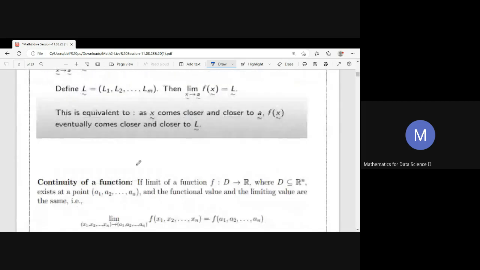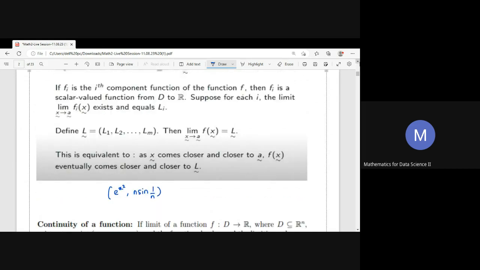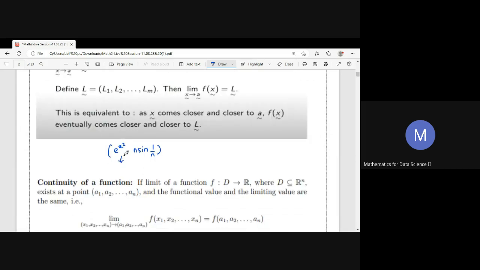Suppose you have something like e power x squared, and here something like n sine 1 by n. Then the limit of this vector valued sequence is given by the limit of this particular sequence and this particular sequence separately.